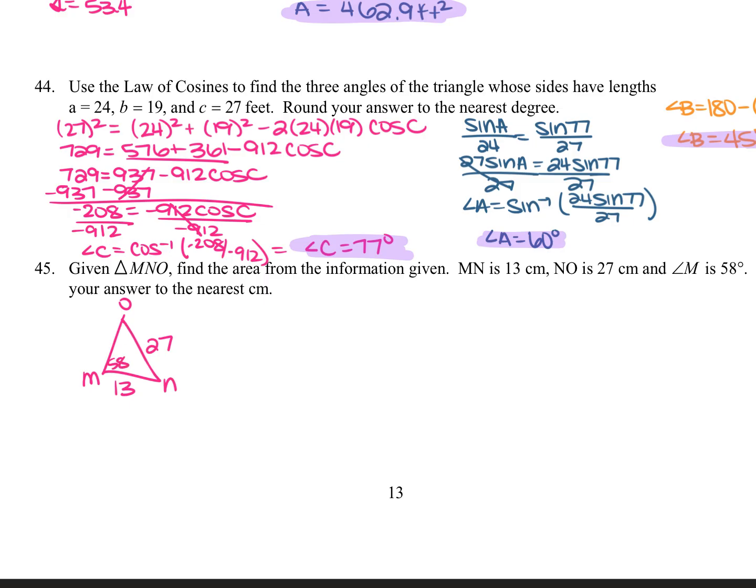So from here, we're going to just find the area by multiplying our two side lengths times the sine of our angle, dividing it by 2. So it's going to be 13 times 27 times the sine of 58 all over 2. So that gives us an area of 149 centimeters squared.